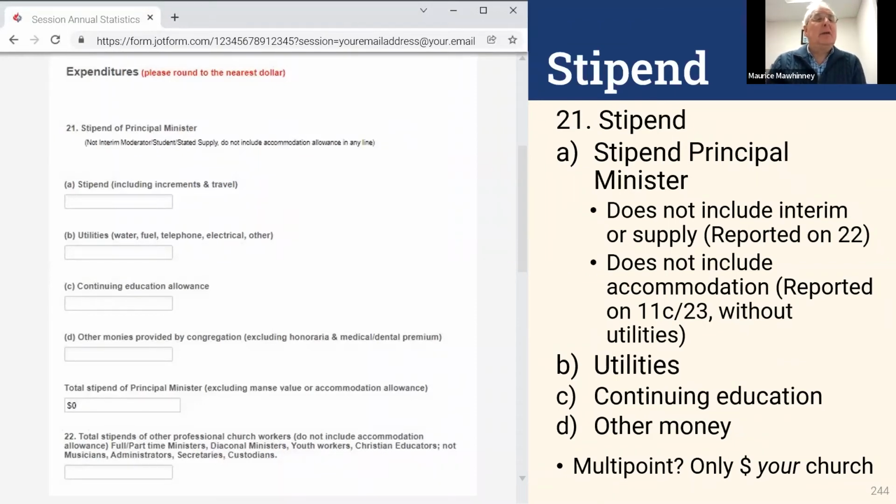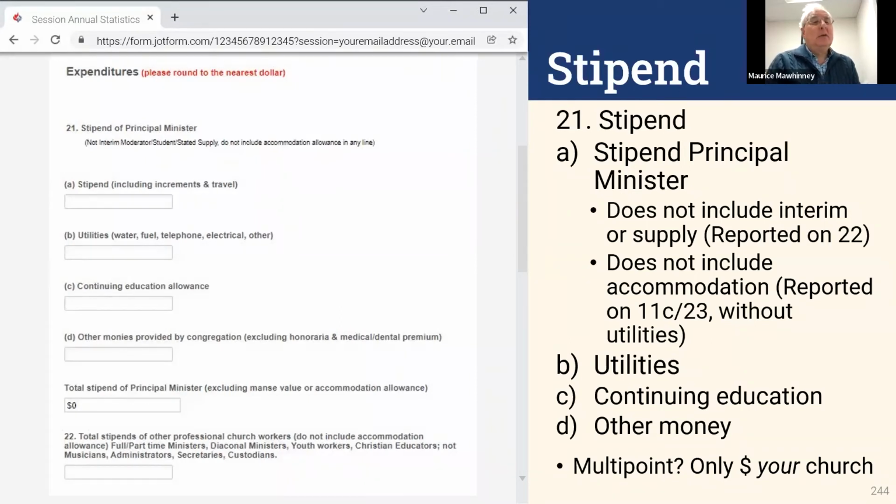That will be line 21C. There may also be some other monies that you would give them. I know in our congregation that we give a book allowance. So it goes on to 21D. It's not part of the continuing education, but it's additional monies that we provide to the minister for the book allowance, that he can buy up to a certain dollar value.